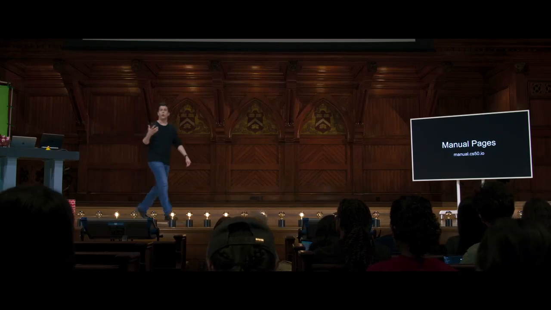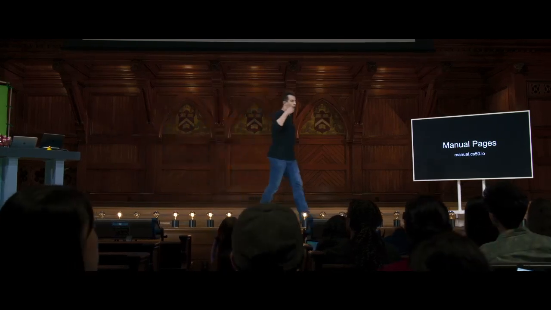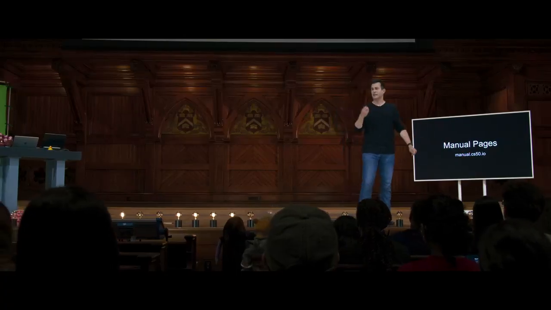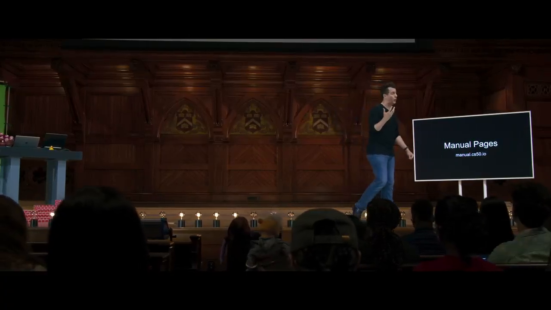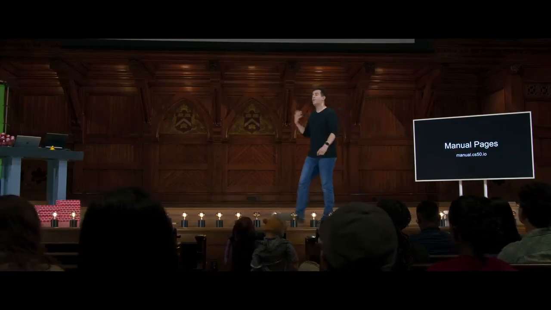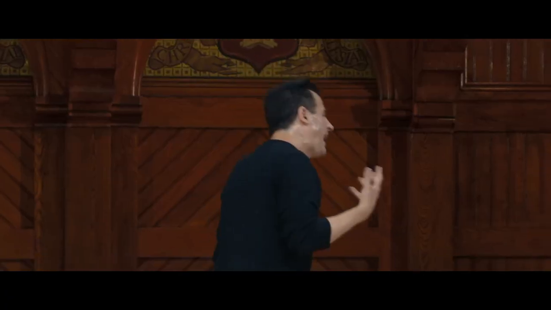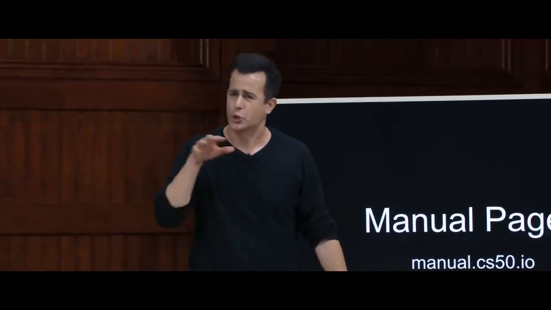And so for instance, if you want to learn more about these, there are what are called in the world of programming manual pages. These are textual files, like a documentation of sorts, via which you can just learn how a function works and how you can use its inputs or arguments. The reality is they're written for folks who aren't in CS50. They're written for folks who aren't just learning how to program.